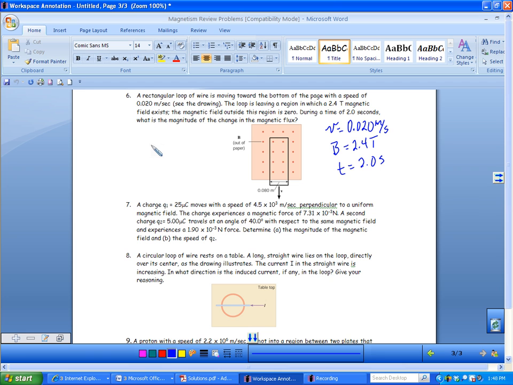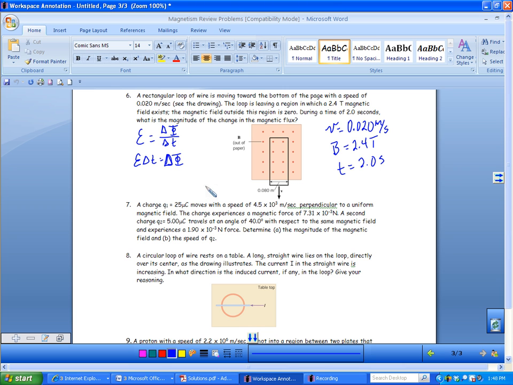So I am being asked to find my delta phi. So delta phi over delta t is the EMF, so EMF times delta t is equal to the change in flux. All right, so let's see what we can do with this.